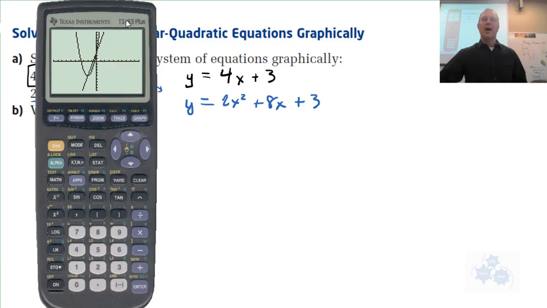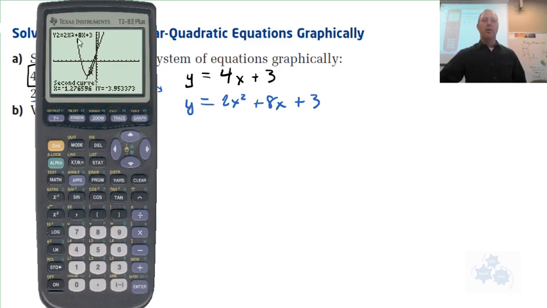So how do we find an intersection point on a calculator? You should know this, I think: hit second function trace, that's the calculate menu. We're going to go down to number 5, hit 5 for intersect. Now the cursor is going to be on one of the graphs, in this case the straight line first. It's going to ask you first curve, you say yes.